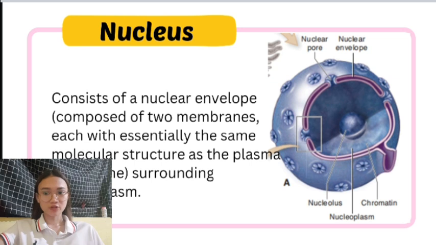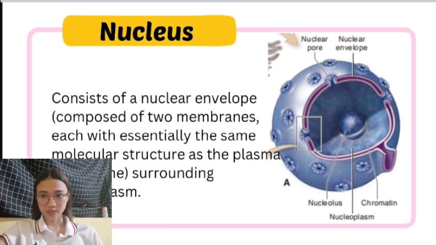surrounding the nucleoplasm. Yung two membranes natin ay tinatawag na nuclear envelope. Yung mga membrane na yun ay may mga nuclear pores or mga butas, and ito yung tumutulong sa paglipat ng mga molecules papasok and palabas ng nucleus.